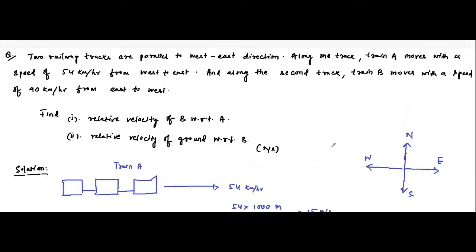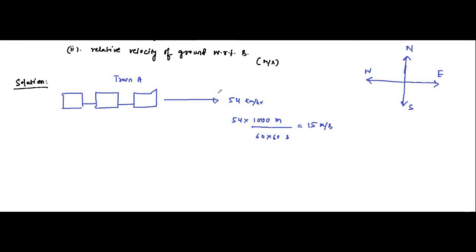Then we have train B moving with a speed of 90 kilometers per hour from east to west. Okay, from east to west, that is along this direction.